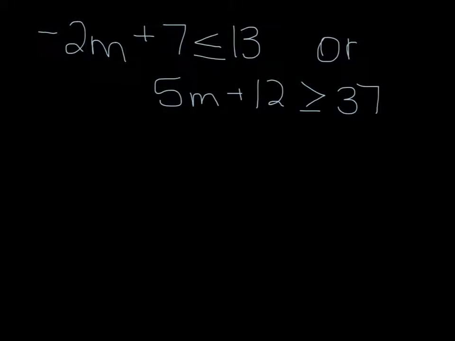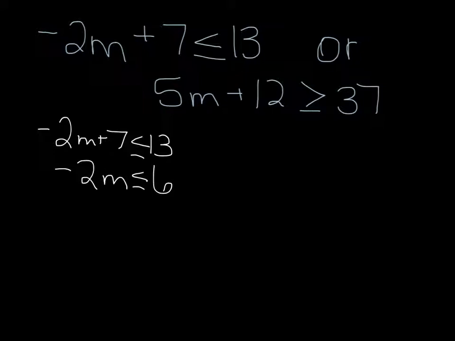So if we solve one inequality at a time, the first inequality, negative 2m plus 7 is less than or equal to 13, gets simplified down to negative 2m is less than or equal to 6. And so your m, remember when you divide inequalities, you have to flip the sign. And so your inequality becomes m is greater than or equal to negative 3. So we want to graph that inequality.